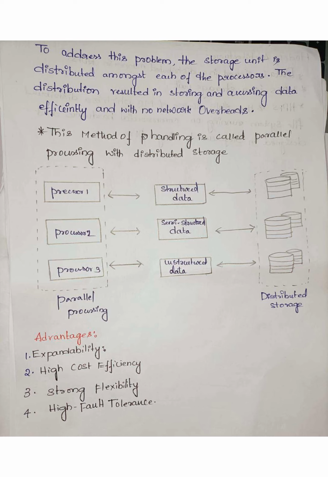The varieties of data, that is structured, semi-structured and unstructured data, are distributed. I told you there is a distributed file system in Hadoop, HDFS. The data comes from different resources and is distributed, and the data has now increased, so obviously we need multiple processors. Multiple processors take the data, which is distributed.